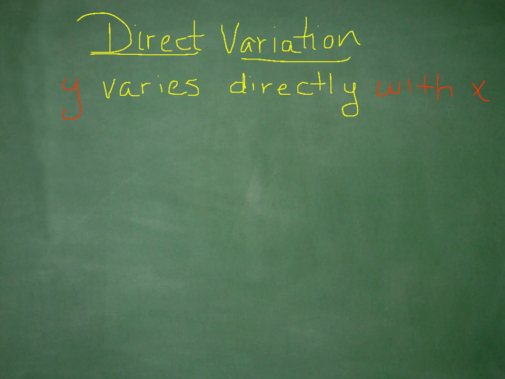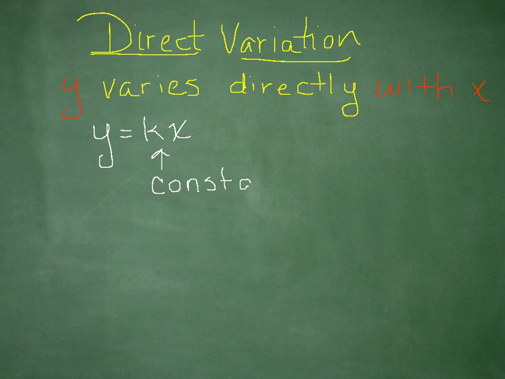A direct variation is always in the form y equals kx. Now k is called the constant of variation. So when you see an equation in the form y equals kx, k is going to be a number.